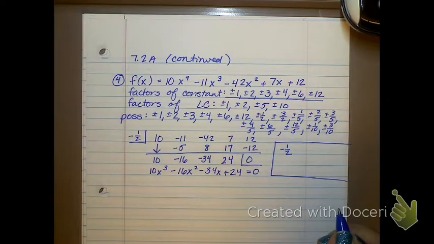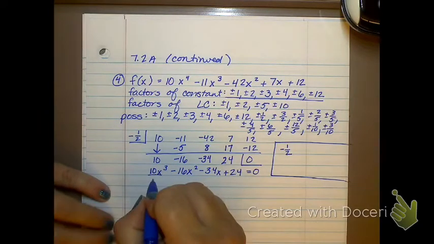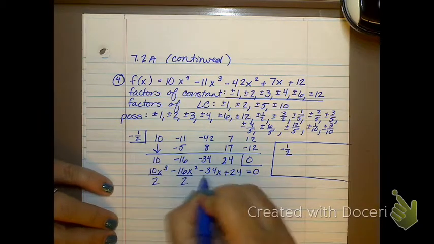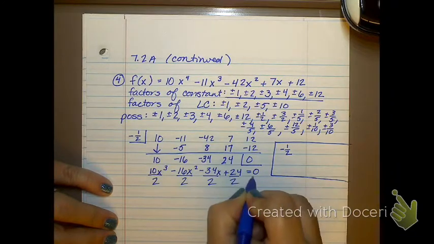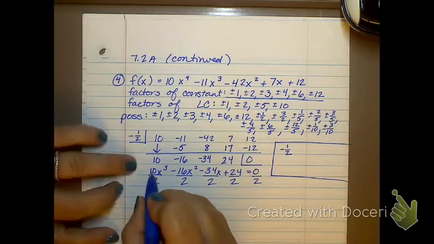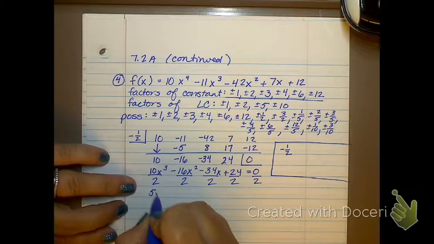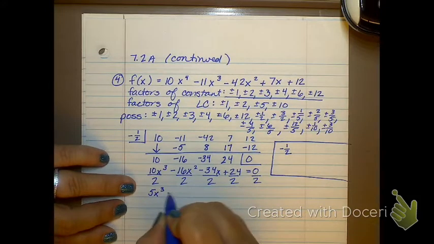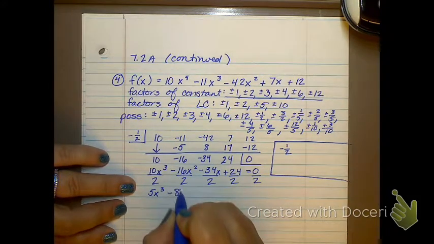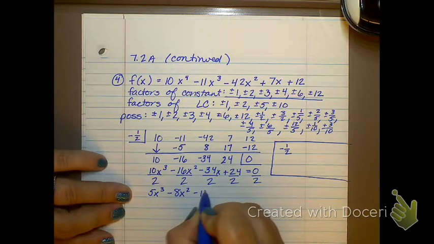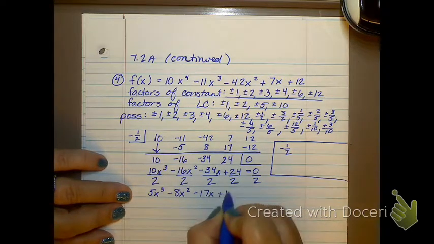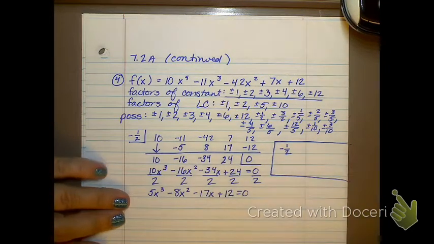Do you notice anything I could do here? I can divide by 2. Let's make those numbers smaller. Go ahead. As soon as you can, do it. So 10 over 2 would be 5x to the 3rd, minus 16 over 2 would be 8x squared, minus 17x plus 12 equals 0.